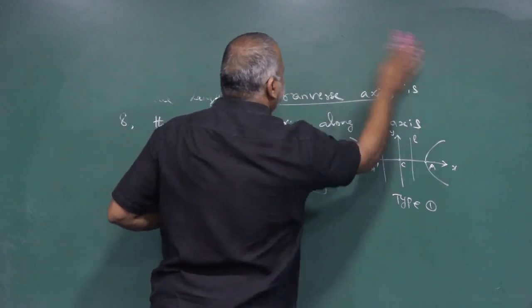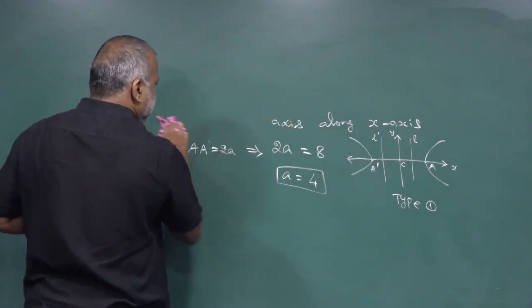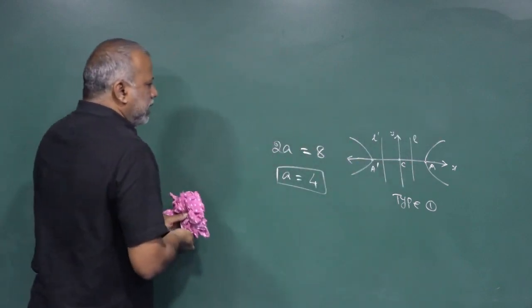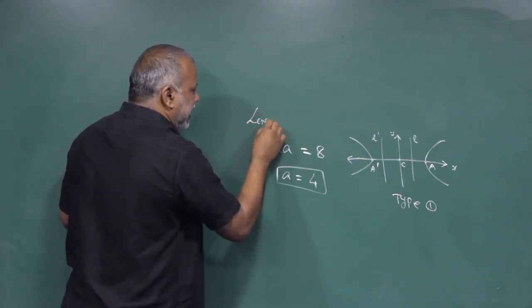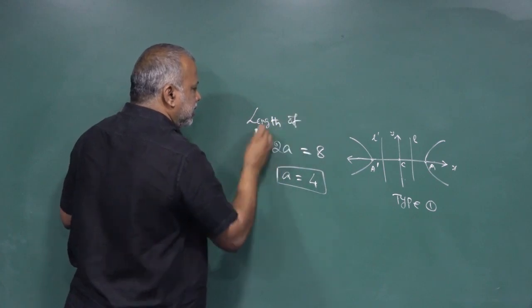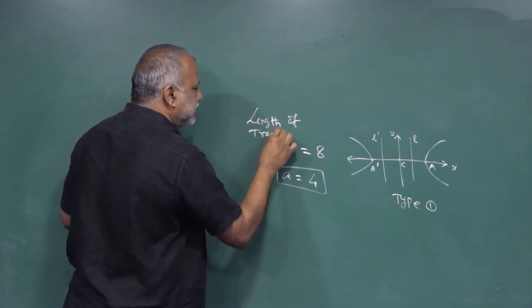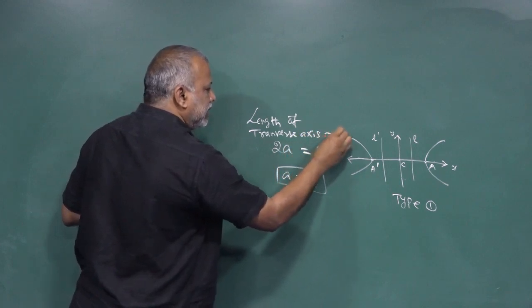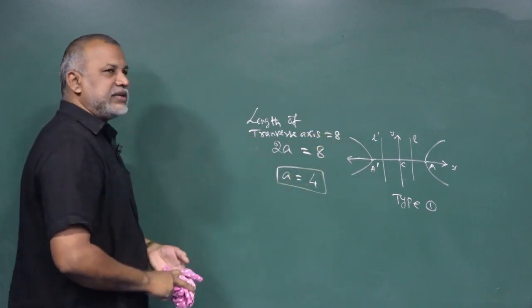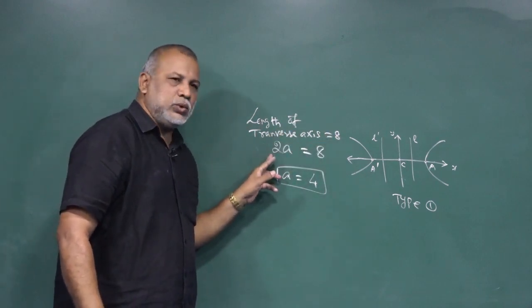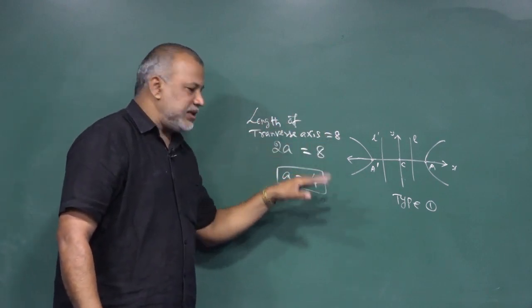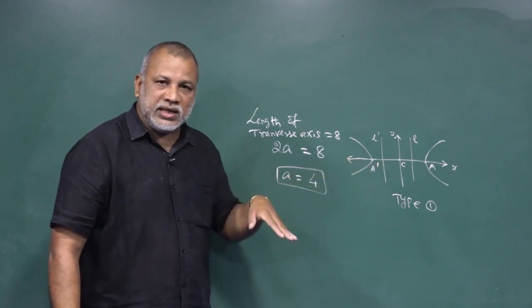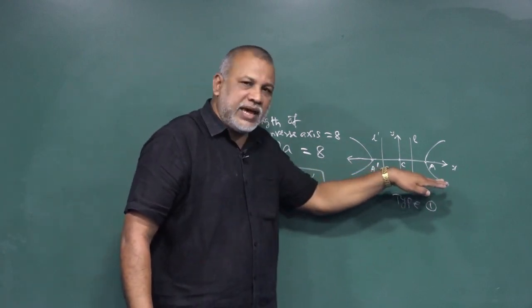So equation of the hyperbola is, so here length of transverse axis is given, length of transverse axis equal to 8. That is nothing but 2a equal to 8. From that we can say a equal to 4. Then this is type number 1. The reason is transverse axis along x-axis.